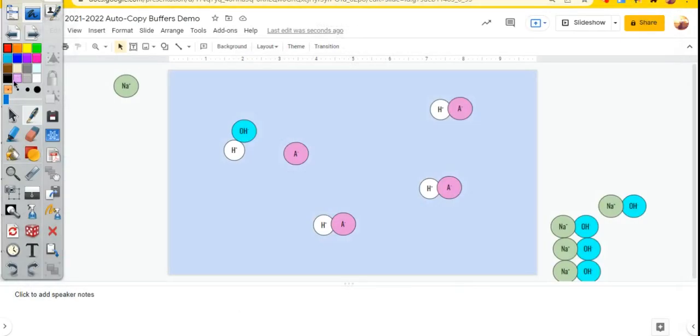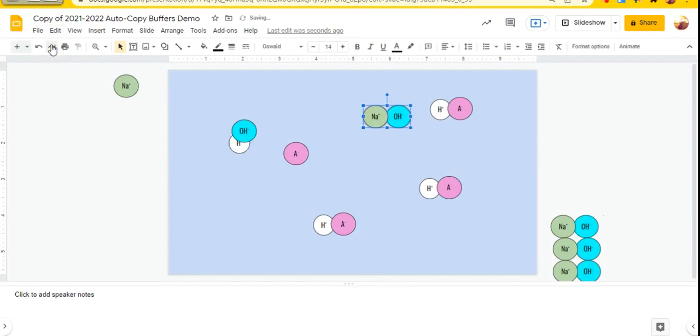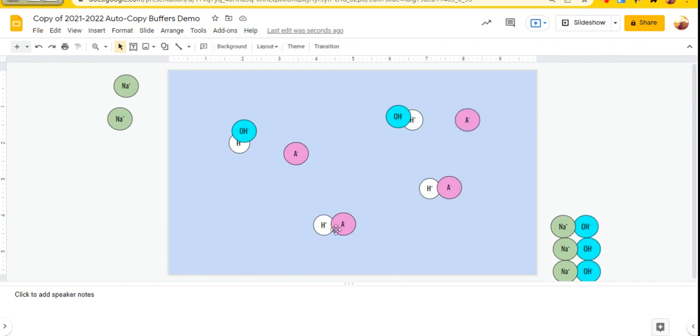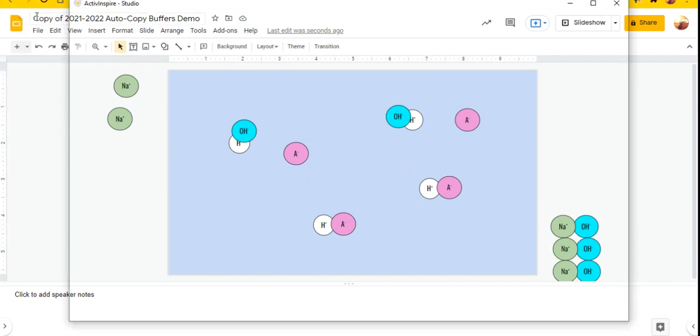So not only do I have a buffer, but now I have an ideal buffer because I've added half the amount of strong base, NaOH, as original HA molecules I had. Remember, I had 4 HAs originally. I added 2 NaOHs. I've used up 2 of the weak acid, and I formed 2 conjugate base. So this is not only a buffer, but it's an ideal buffer, and that occurs at the half equivalence point.